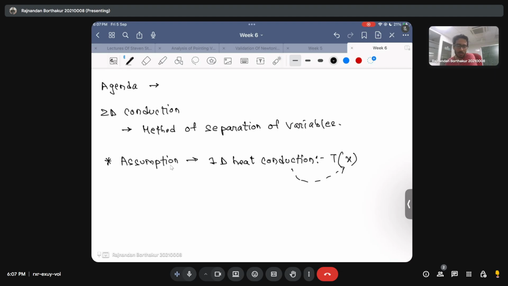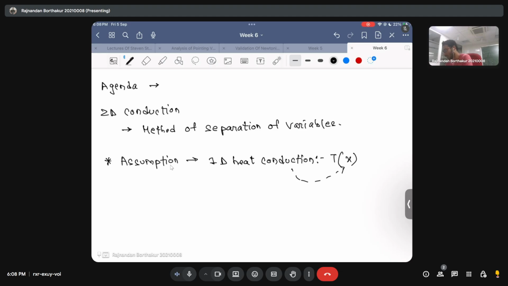We have already discussed a glimpse of it in the lecture series, or you have solved a couple of problems associated with it. The method can also be applied to 3D problems as well, but there are certain conditions on the boundary conditions and the governing equations which need to be satisfied in order to use the method of separation of variables.